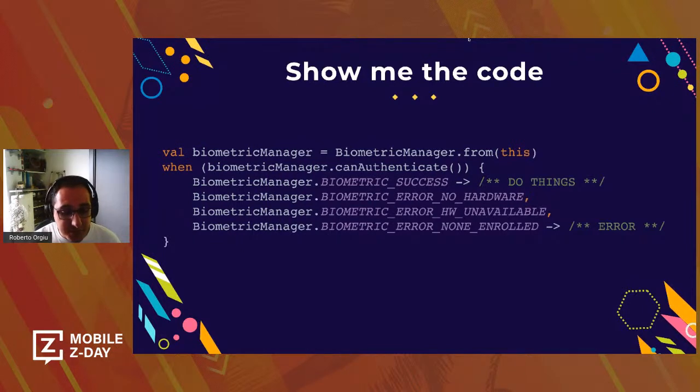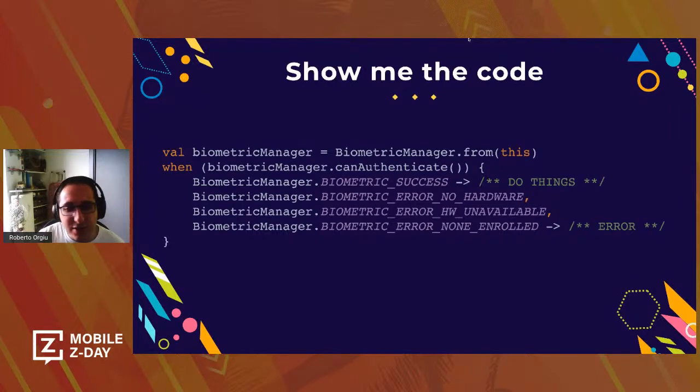So, the first thing that we need to do is taking the biometric manager from a context and then check the result of the can authenticate call. Basically, the only one that we want to be in is the biometric success.